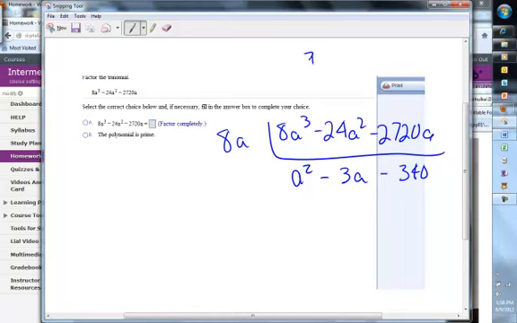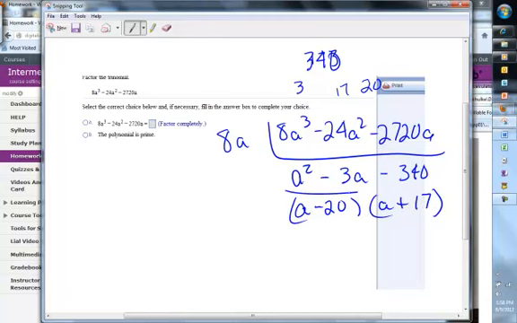What two numbers multiplied equal 340 are 3 apart? Let's try 20 and, no. Yeah, 20 and 17. 17 times 20 is 340. So the factored form is a minus 20, a plus 17.